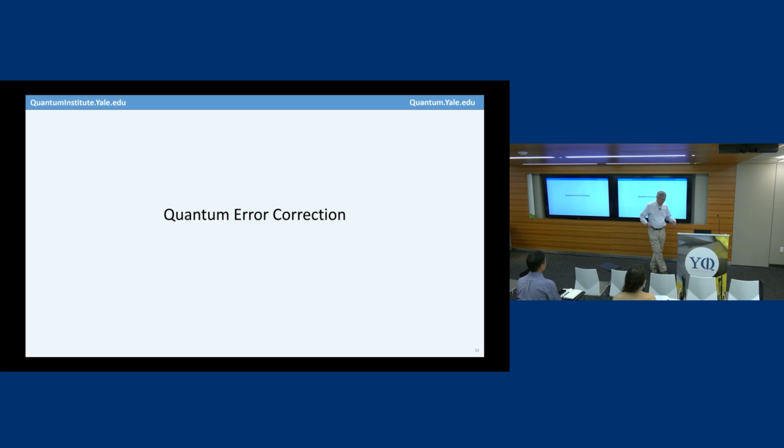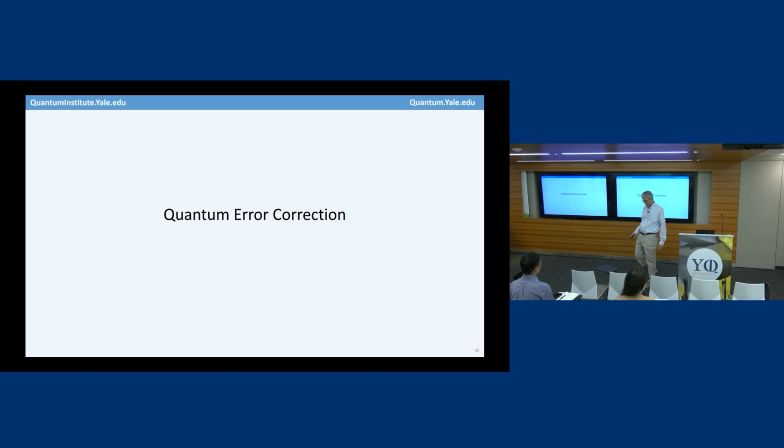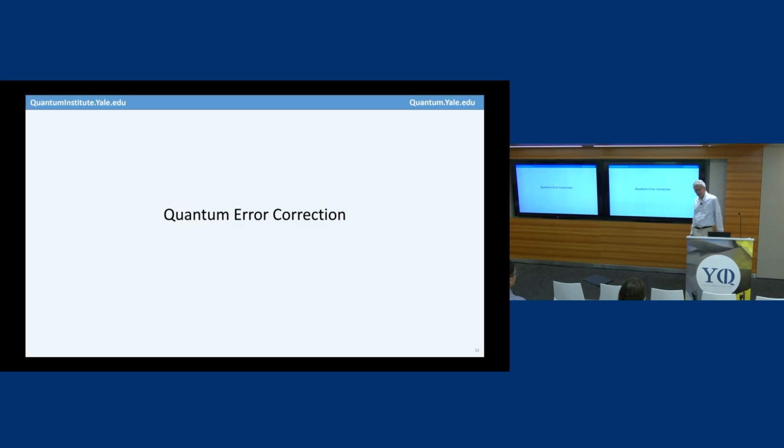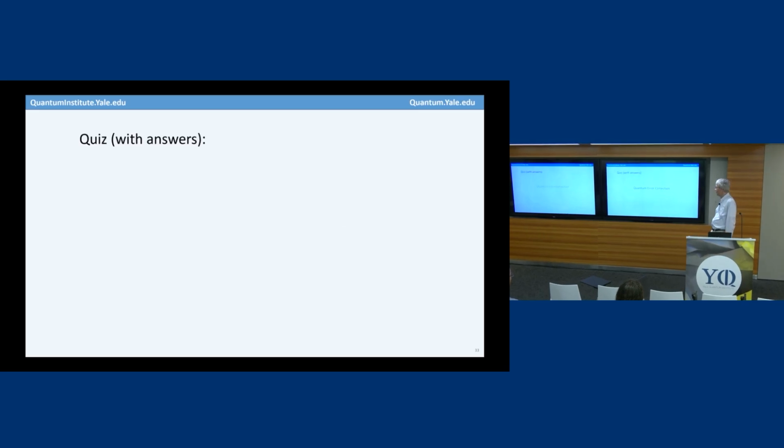So there are much more sophisticated classical codes, but likewise for quantum error correction, we're going to use a quantum version of the simplest thing, a repetition code. But there are lots of subtleties that are different than in the classical case.